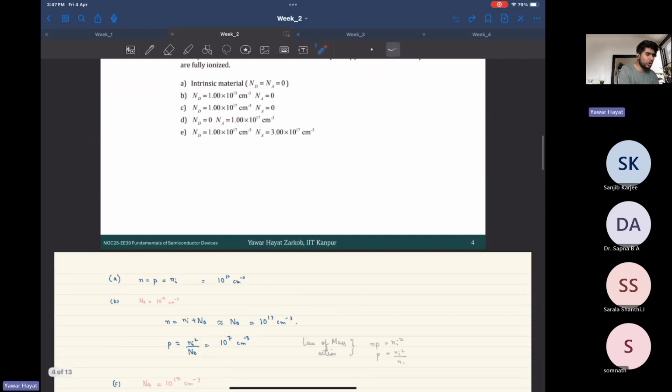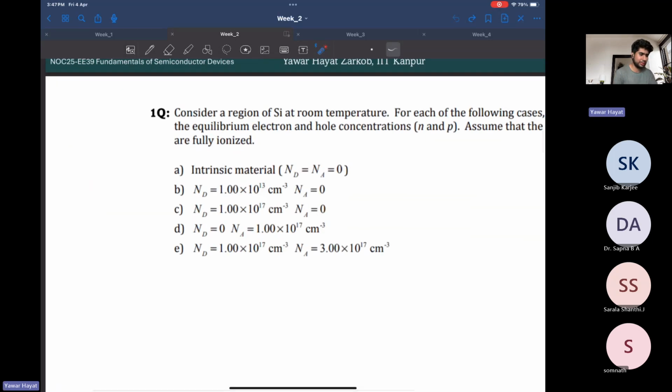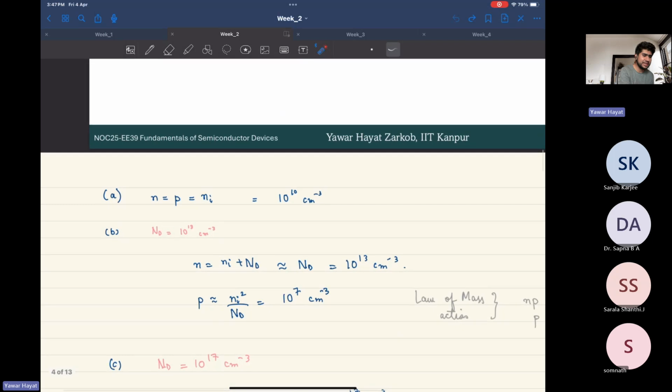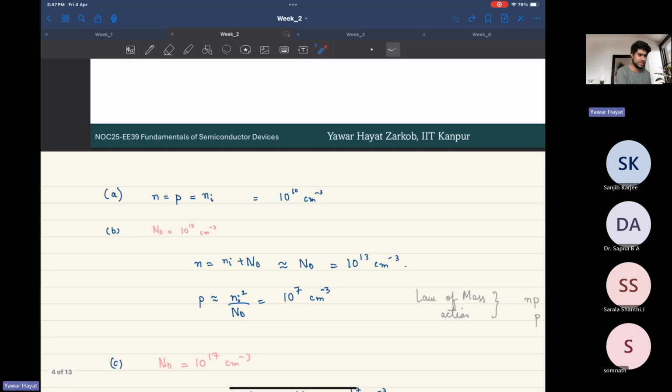Now, part B. Firstly, what is this semiconductor type? N type. The reason is because we are using donor doping, so your ND is 10 to the power 13, and we are not using acceptor ions. So n would be ni plus ND, which is approximately equal to ND.